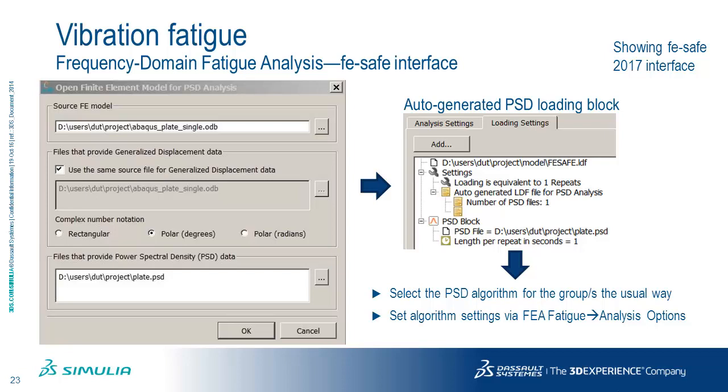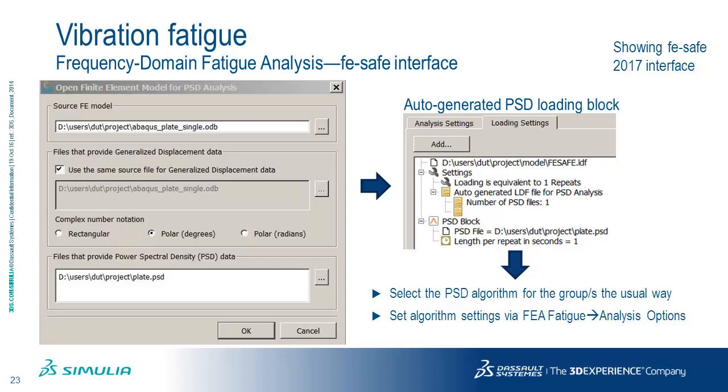You put in where your modal stresses are, your generalized displacements, the source of that. You can say whether it's the same file or not, which is mostly for Abaqus. For other programs, it's typically different. And if necessary, you can tweak it.